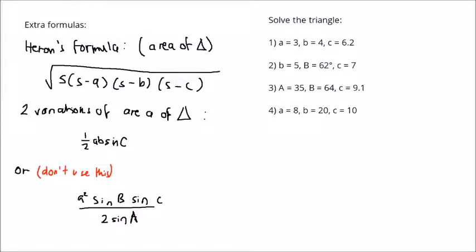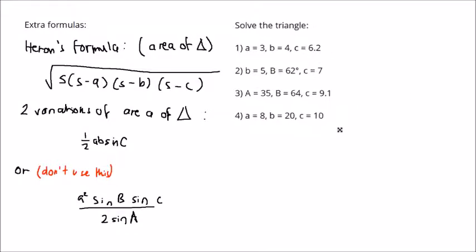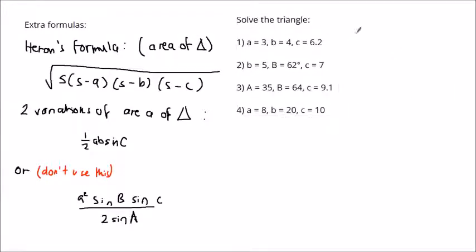We don't have any angles, and it's SSS, so we need to use law of cosines. Let's do C because it's easy, right? So C squared, 6.2 squared is 38.44. So 6.2 squared equals 9 plus 16 minus 2 times 3 times 4, which is 24.